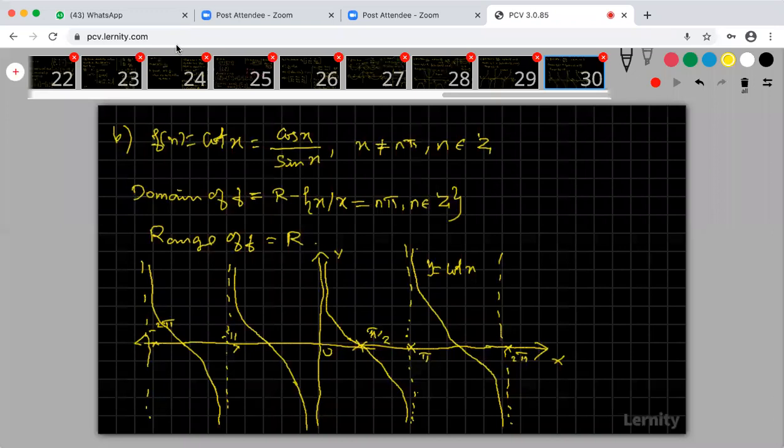If you are getting confused, go through it again. The problems are very simple, only the graph, domain and range are a little difficult. Look at the problems next.